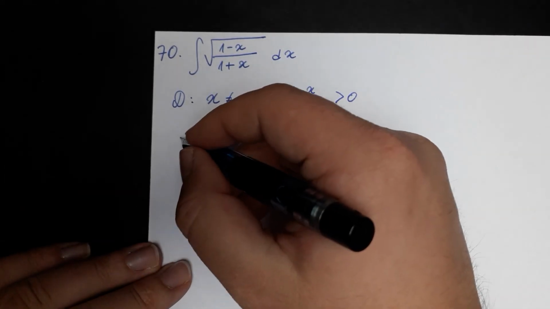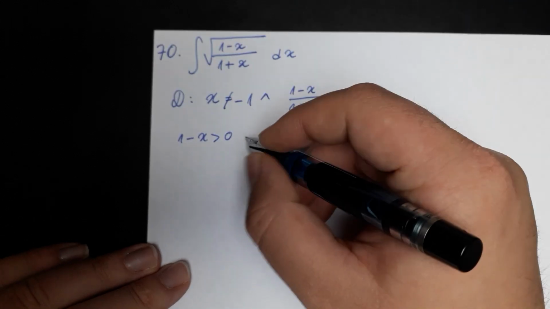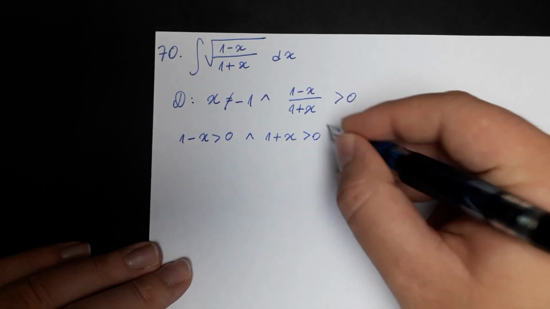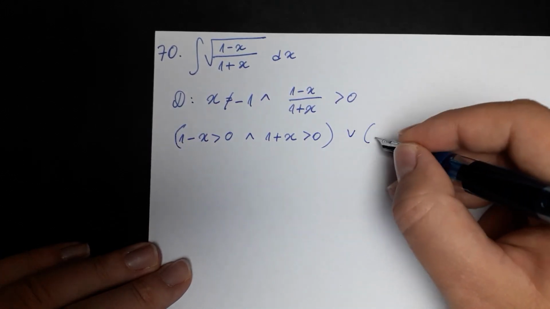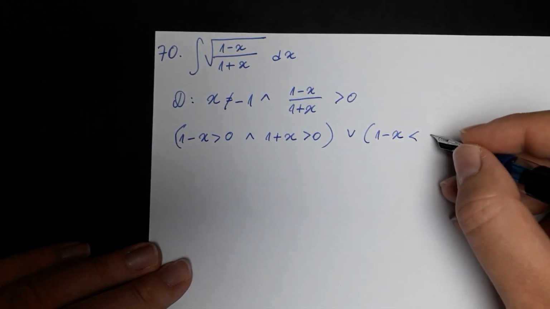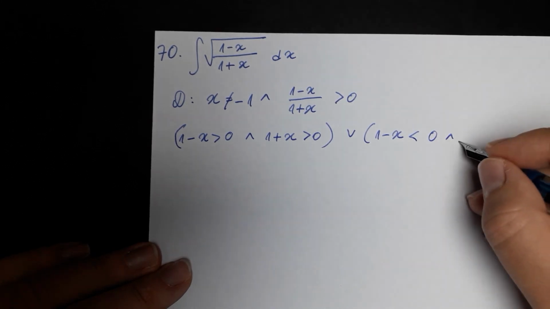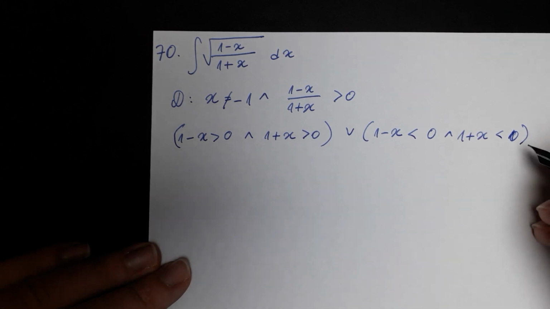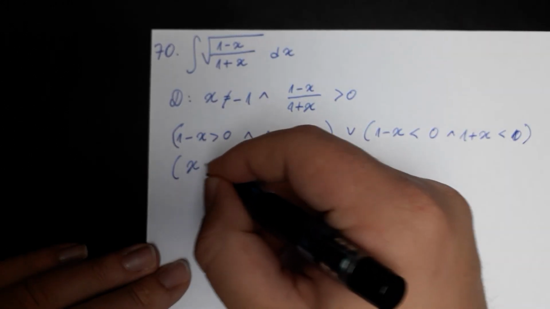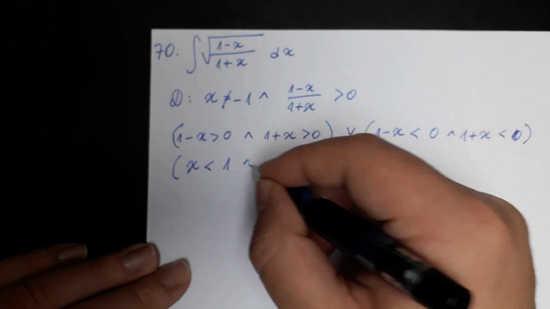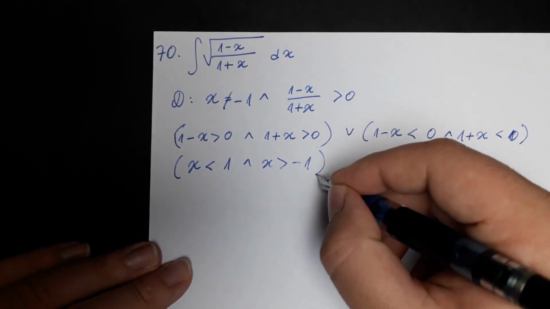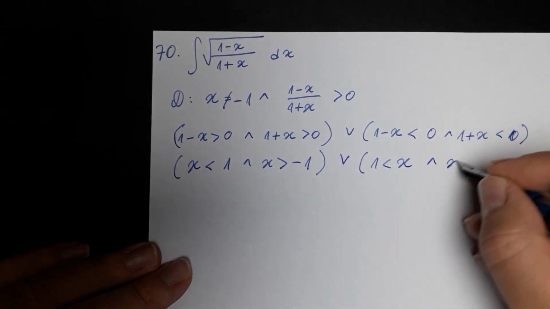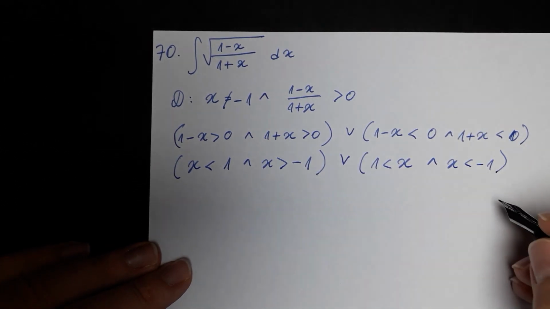Well, that means that 1 minus x has to be larger than 0 and 1 plus x has to be larger than 0, or 1 minus x has to be smaller than 0 and 1 plus x has to be smaller than 0. So this means that x is smaller than 1 and x is larger than negative 1, or 1 is smaller than x and x is smaller than negative 1.